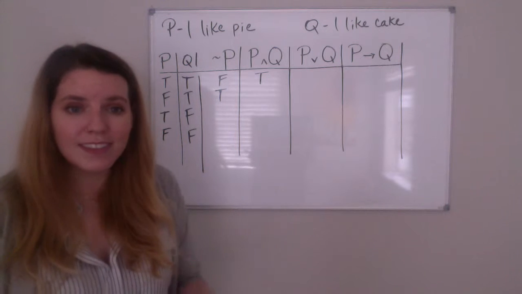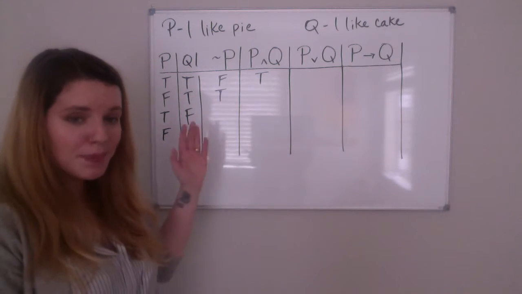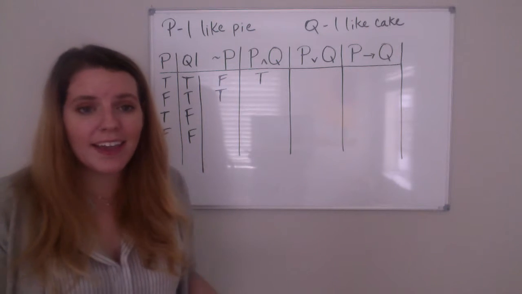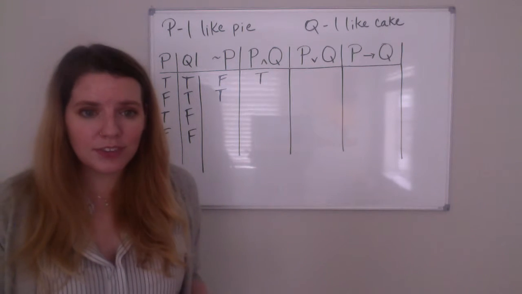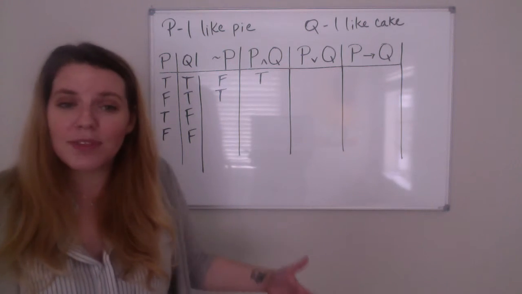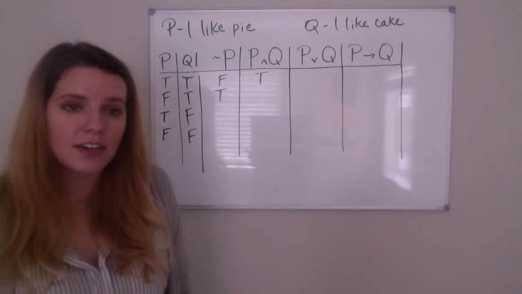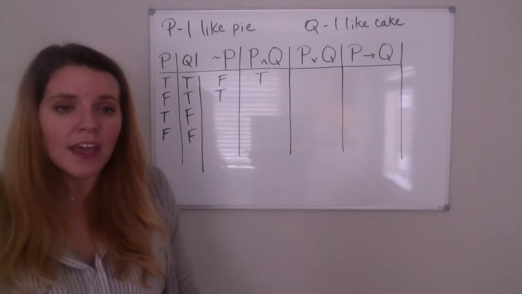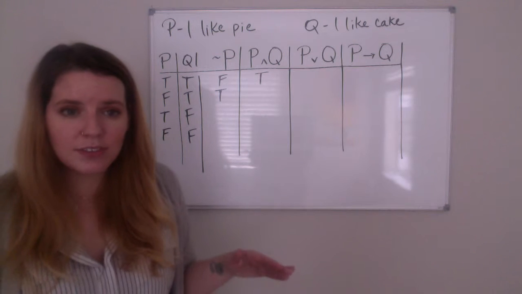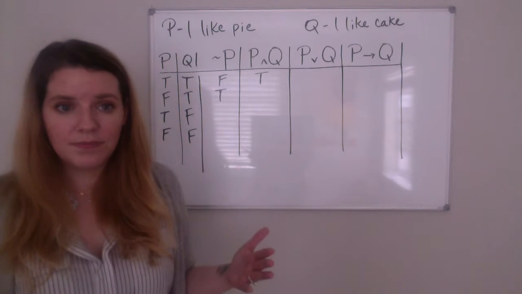P and Q is only true if P is true and Q is true. So I like pie and I like cake is only true if it's true that I like pie and it's true that I like cake. They both have to be the case in order for the conjunction claim to be true. And for all conjunction claims, they are only true if all of the conjuncts are true.